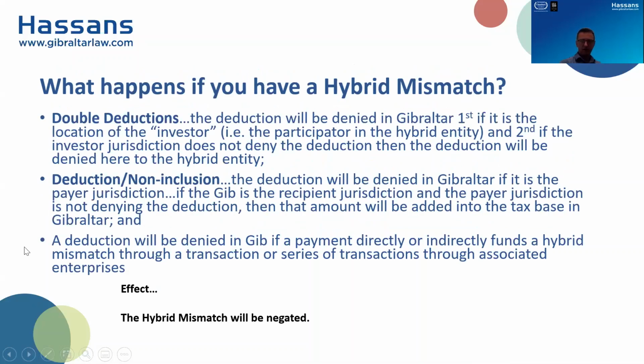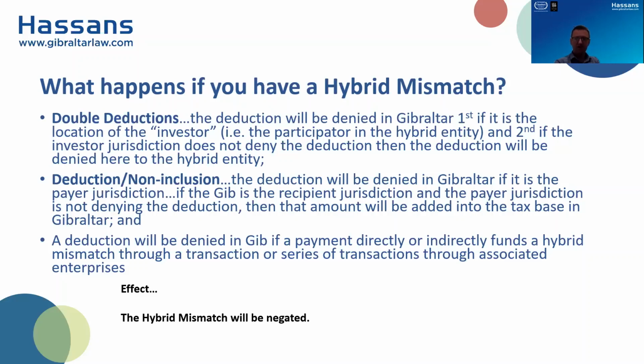So, part two of what happens if you have a hybrid mismatch. With a double deduction, the deduction will be denied in Gibraltar first, if it is the location of the investor, i.e. the participator in the hybrid entity. And secondly, if the investor jurisdiction does not deny the deduction, then the deduction will be denied here in Gibraltar to the hybrid entity.